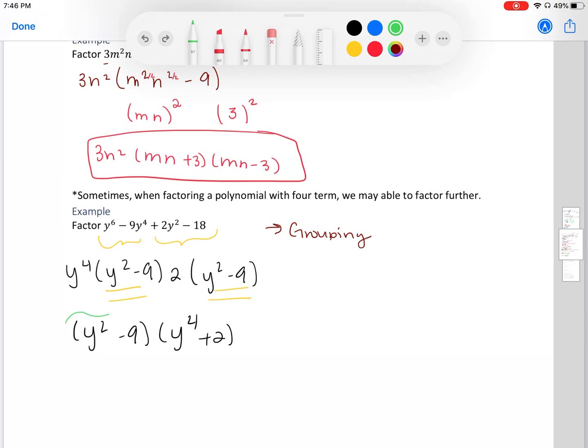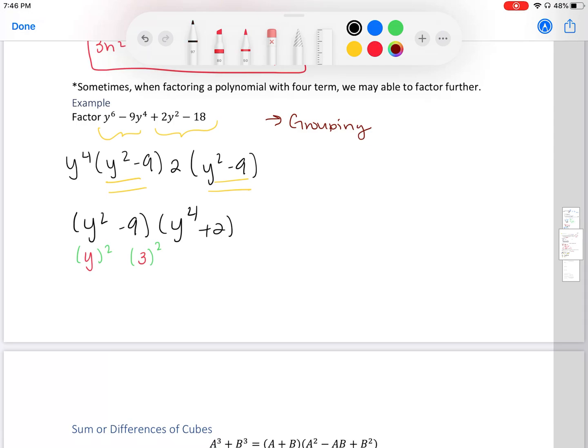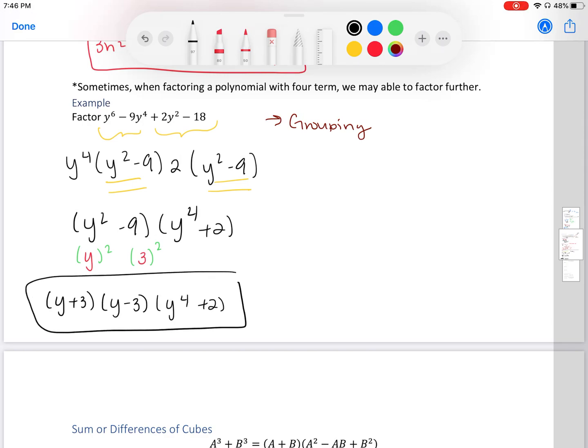Here we have differences of squares in this first factor outside of parentheses, because I can take my y squared and write it as something squared and my 9 and write it as something squared. I can write it as y squared and as 3 squared. So that can factor to be y plus 3, y minus 3, and y to the 4th plus 2. Now we can box it.